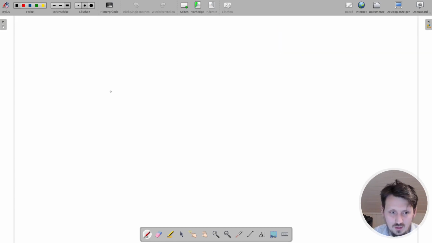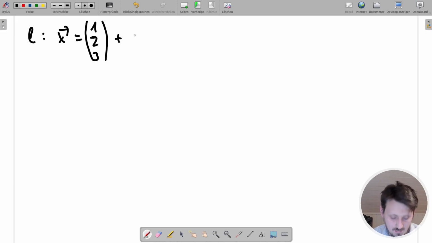Okay, so we can create a new page, and then we can actually start with our exercise solution. Of course, first, as I said, we have given here our line, which is x equal to (1, 2, 3) plus lambda times (-1, 7, 4).